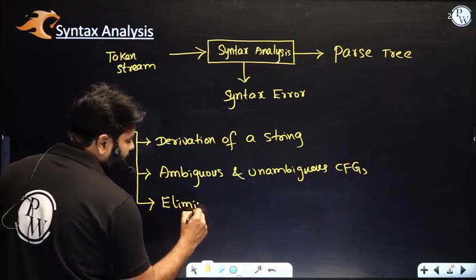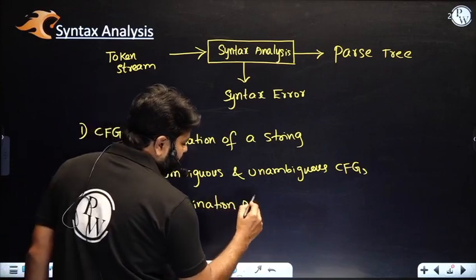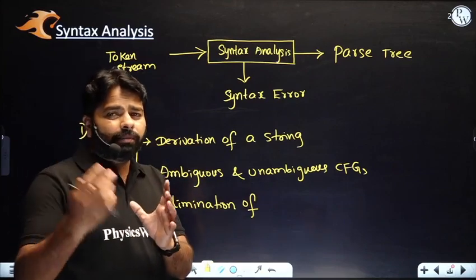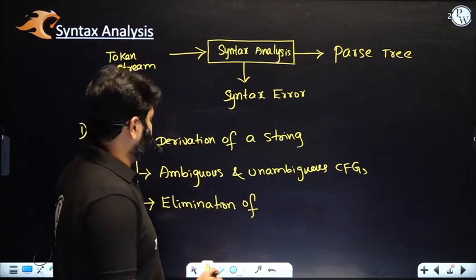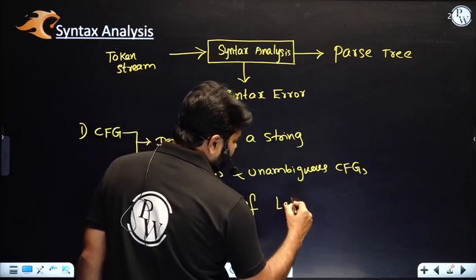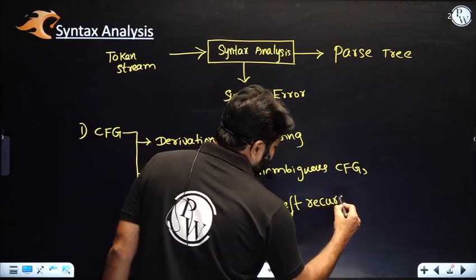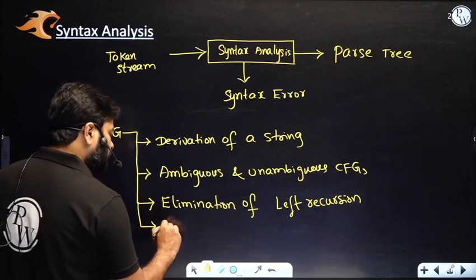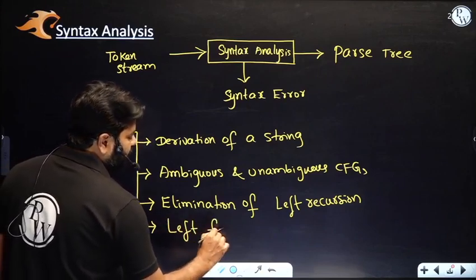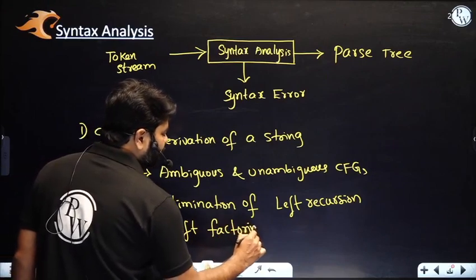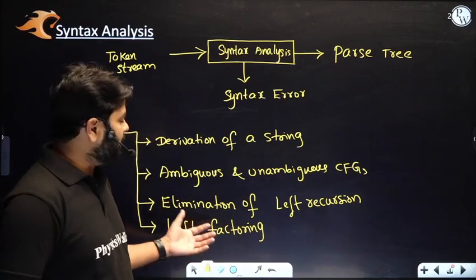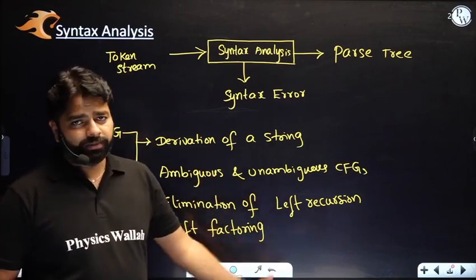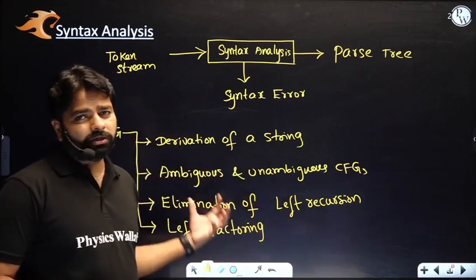In case you are interested in learning simplification of context-free grammar, you can learn how to eliminate null productions, unit productions, and useless productions. But I'm directly going for elimination of left recursion. These things will be used in the future for parsers. Another one is left factoring. You need to convert grammar into different forms. So these algorithms are going to help us, like how to eliminate left recursion and how to do left factoring. These things will be helpful in the future for parsers, like top-down parsers and bottom-up parsers.